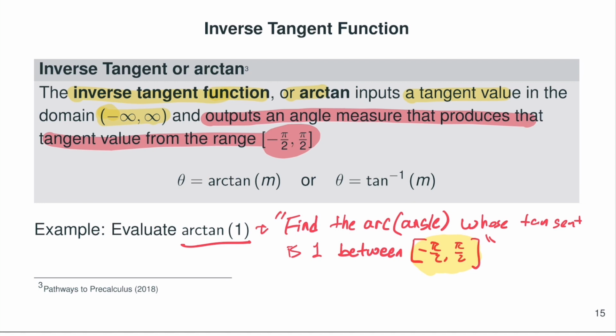Okay. So let's actually evaluate arctangent of 1. This is asking what value do I get? What angle do I need so that tangent of that angle is 1? And the angle must be between negative pi over 2 and positive pi over 2. So when we look at the unit circle, we only look at the right half, negative pi over 2 to positive pi over 2, and slope is 1.